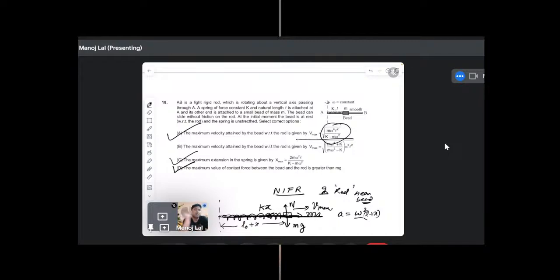Then the restoring force is equal to mass into acceleration. From there also you can find the maximum velocity, because the maximum velocity is A omega. Once we get omega, note that this omega is not the omega of the circular motion, it is the omega for the simple harmonic motion.